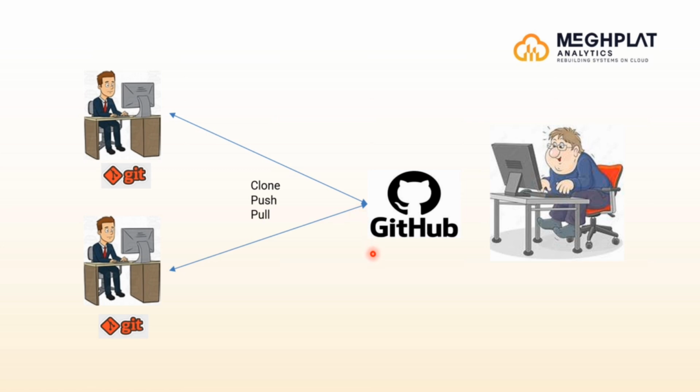Then suppose there are any new changes made by this person in the remote repository. Now, if the team members want those changes in their local repository, they will use the pull command. This is how clone, push, and pull work.